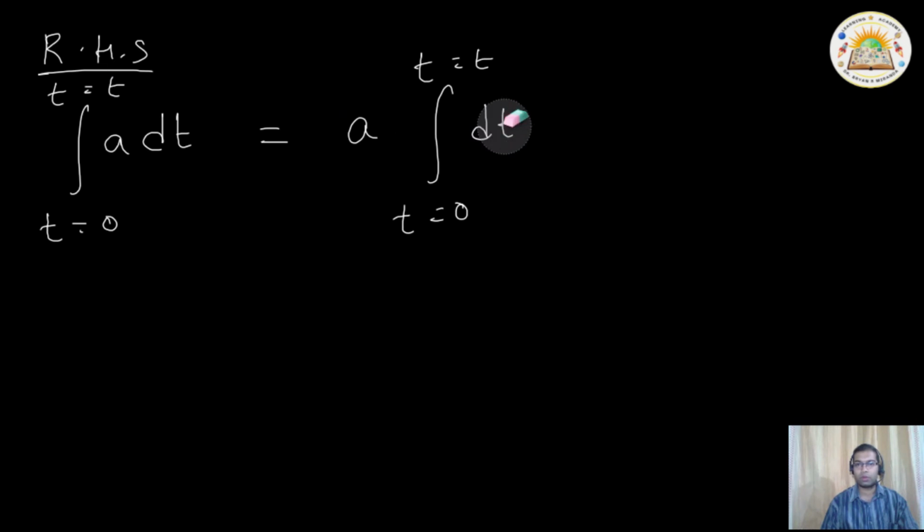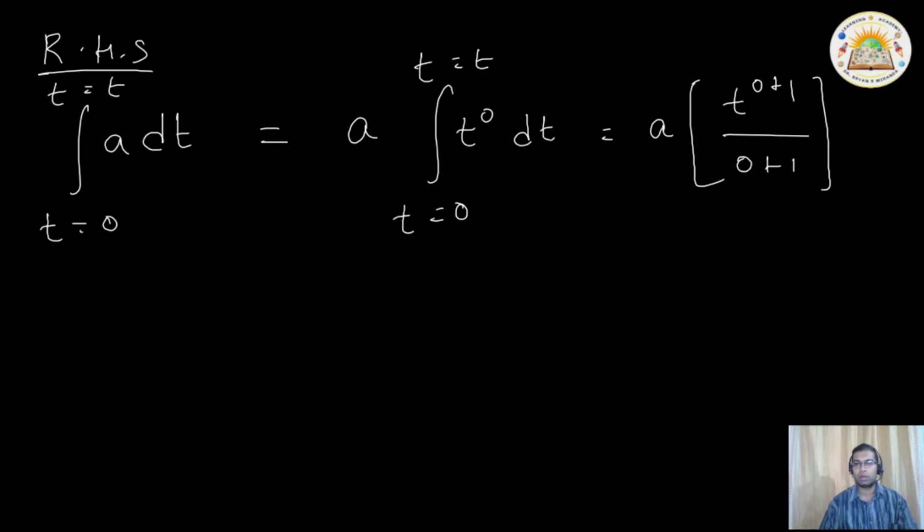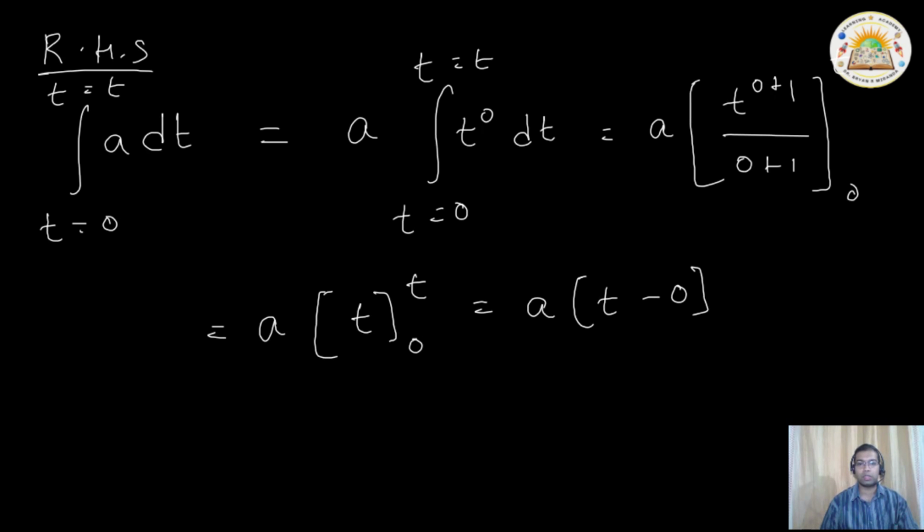Again, just for simplicity's sake and for understanding, I'll put it as t power 0 dt. So this becomes a times t to the power 0 plus 1 by 0 plus 1, t varies from 0 to t, which is equal to a times t, which varies from 0 to t, which is a t minus 0 is equal to a t. This is our RHS.